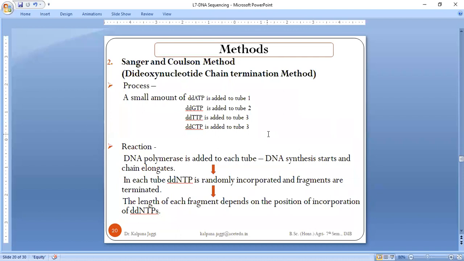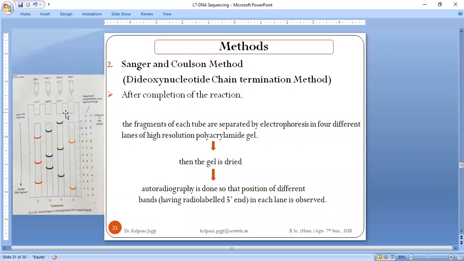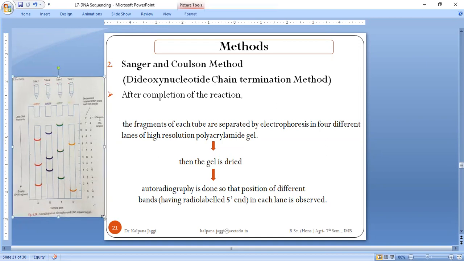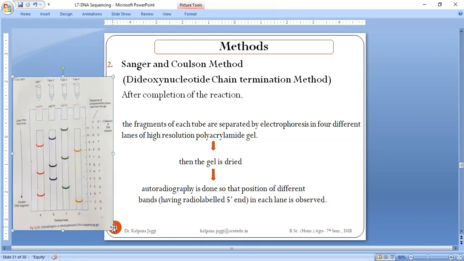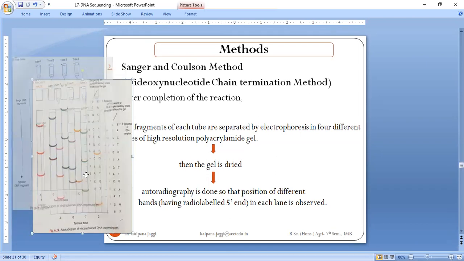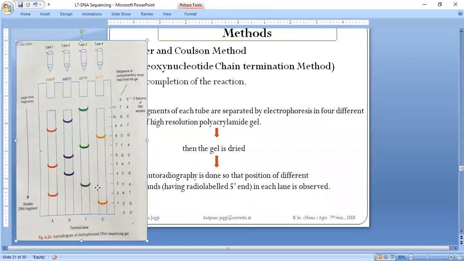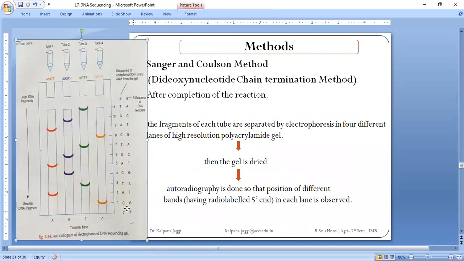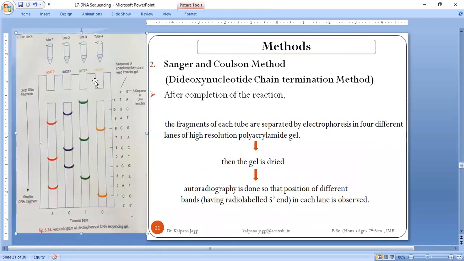Then how will they be separated? Each fragment will be loaded here in the gel, right? And then when electric current is given to this gel, I just hope this is now more visualized to you all.